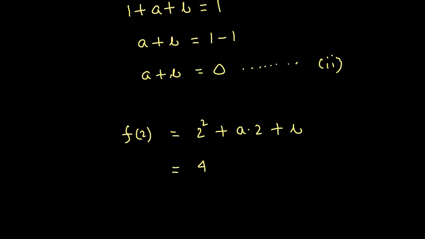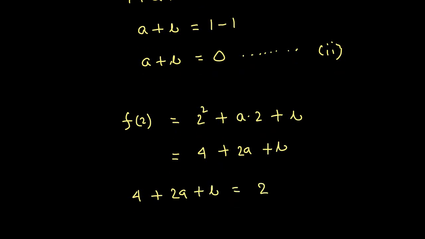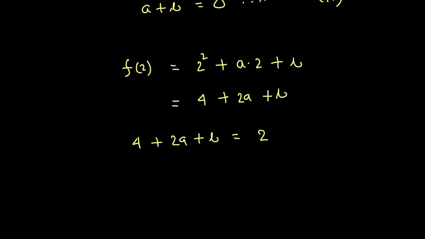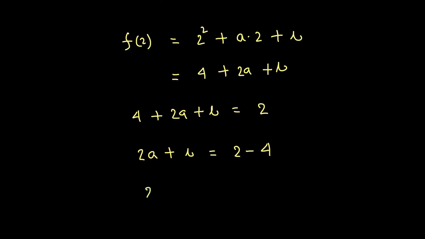This gives us 4 plus 2a plus b, but we know the value of f(2) is 2, so we can write 4 plus 2a plus b equals 2. We can take 4 to the right side and write 2a plus b equals 2 minus 4, which gives us 2a plus b equals minus 2. This is equation number 3.